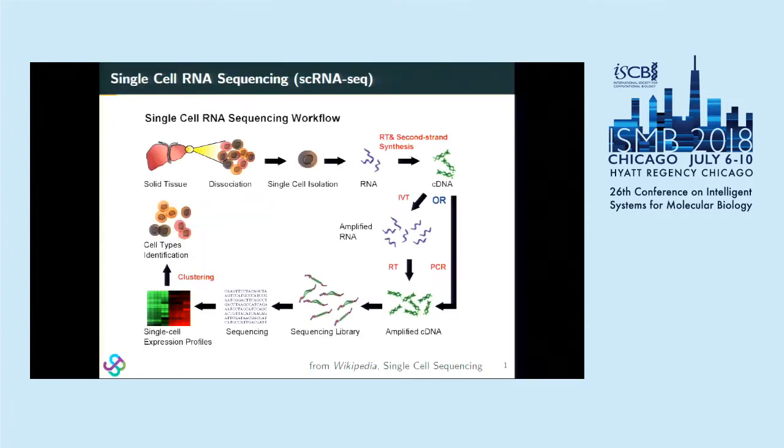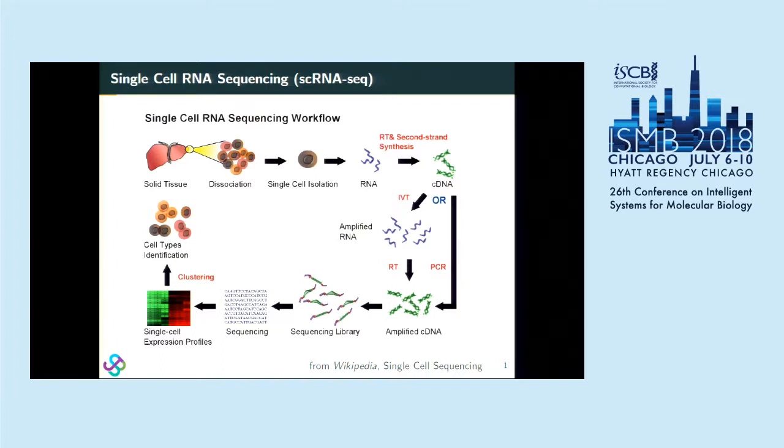As some other speakers have demonstrated, single-cell sequencing technologies have revolutionized biomedical sciences by allowing us to study many biological questions at single-cell resolution. Especially, single-cell RNA-seq allows us to evaluate and compare the transcriptomes of individual cells, thus enabling the identification of new cell subtypes and marker genes.